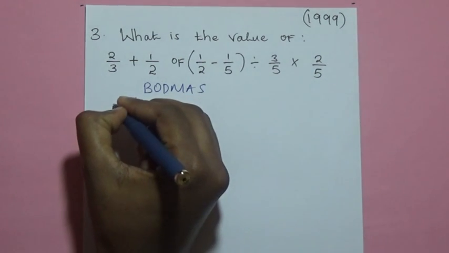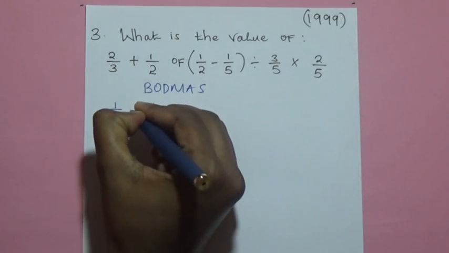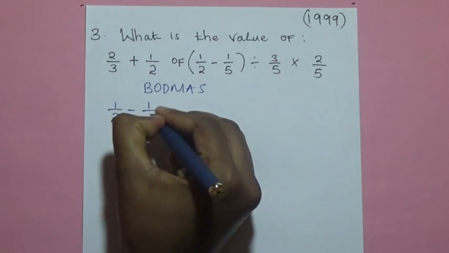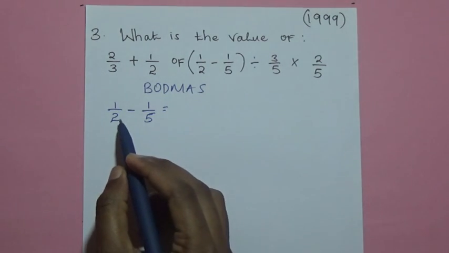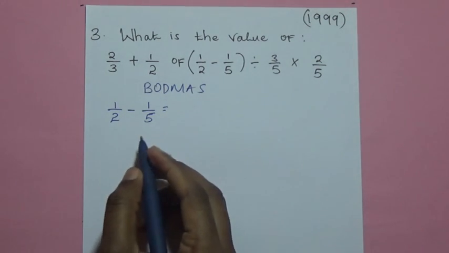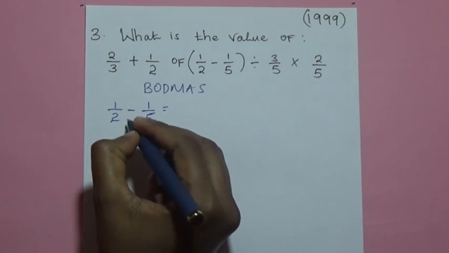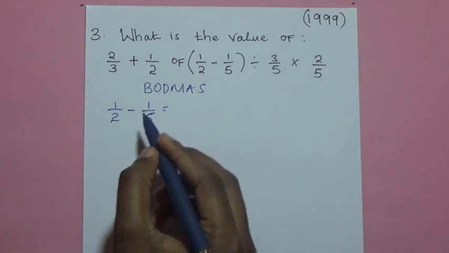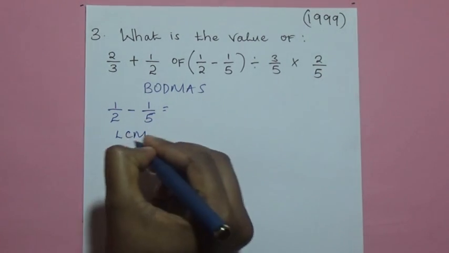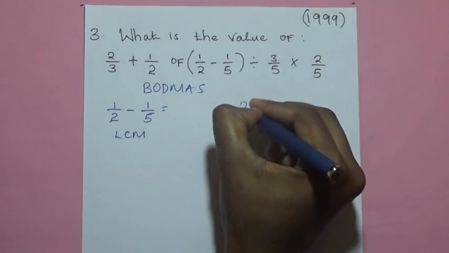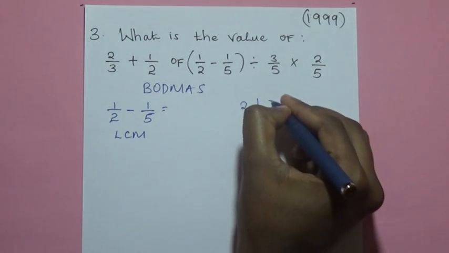We take a half, we subtract 1 over 5. Okay? Now, to work out this, we need to find the LCM of the denominators. In this case, we have 2 and 5.